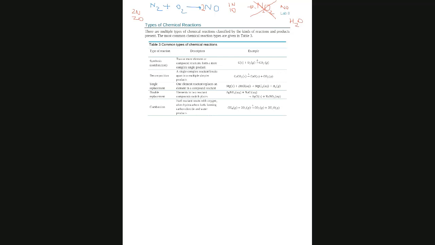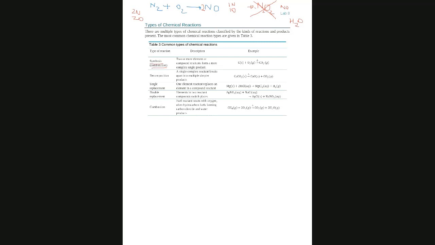Okay, the first one, it says synthesis or combination. That is very easy, super easy. Some people call it combination, so memorize both. I call it synthesis. But here, it seems that more people use combination, so I learn both. It's the same thing.